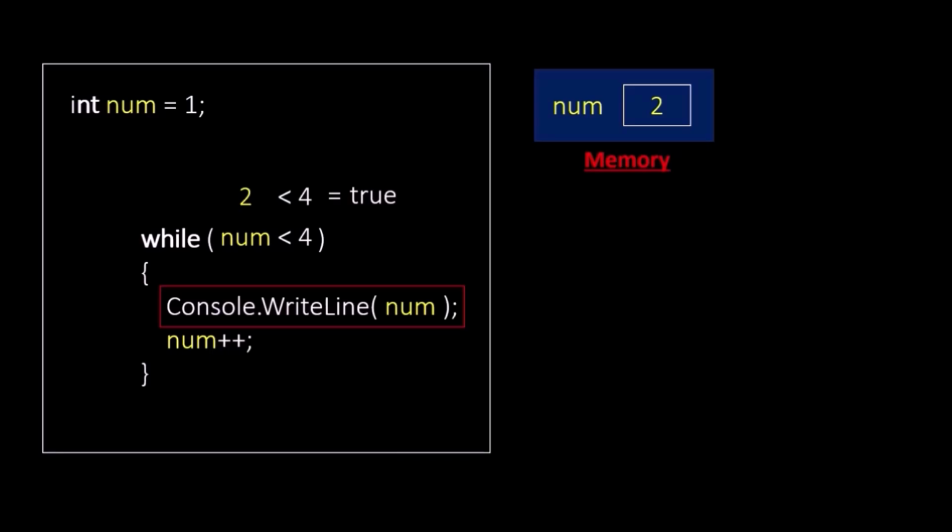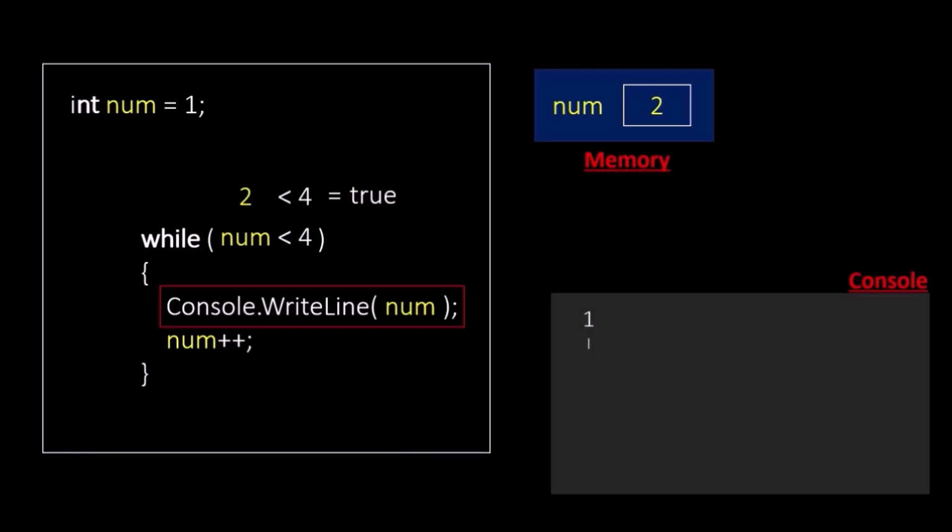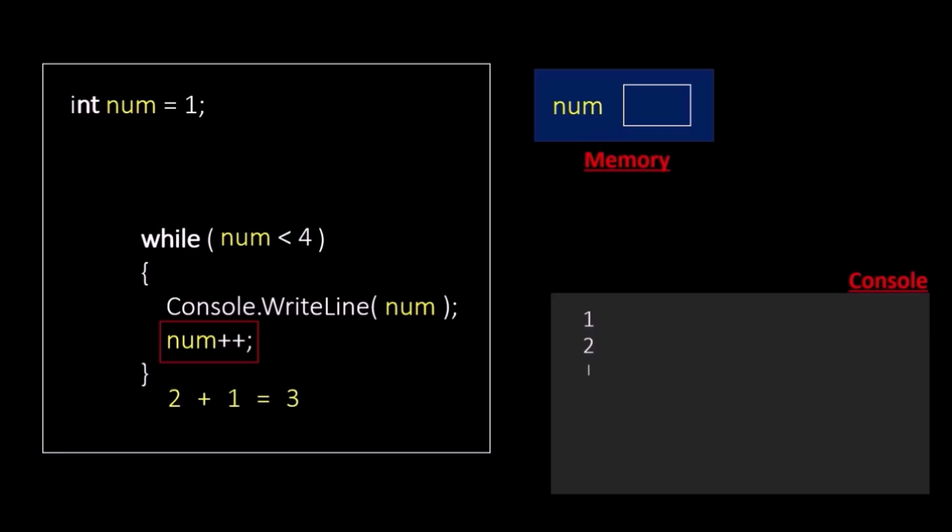The statement Console.WriteLine prints the value 2, the current value of num, to the console and moves to a new line. Then, the statement num++ is executed, which increases the value of the variable num by 1. This means 2 plus 1 equals 3, so the new value of num becomes 3.